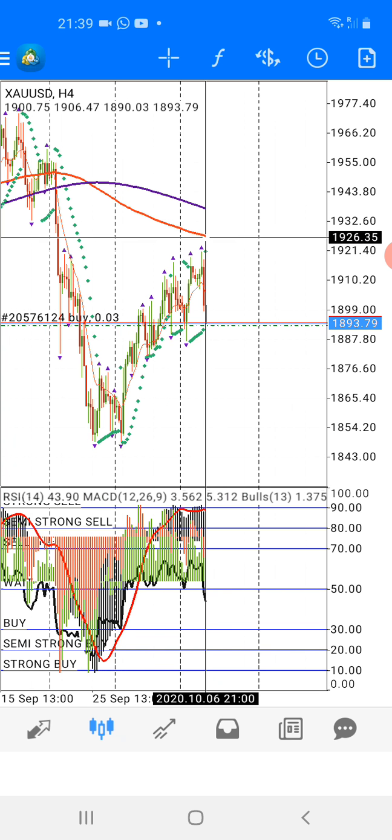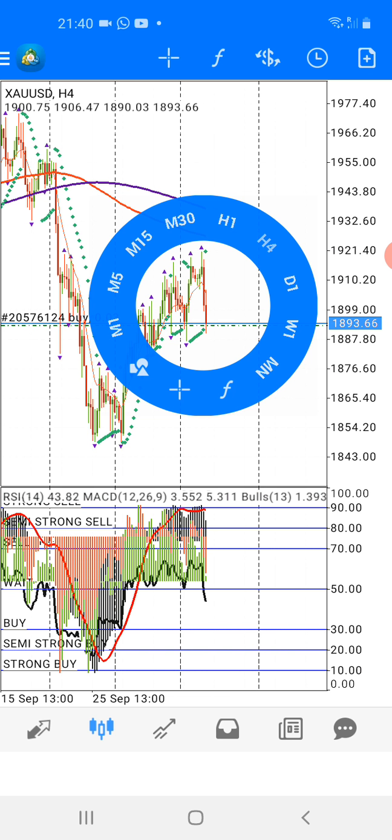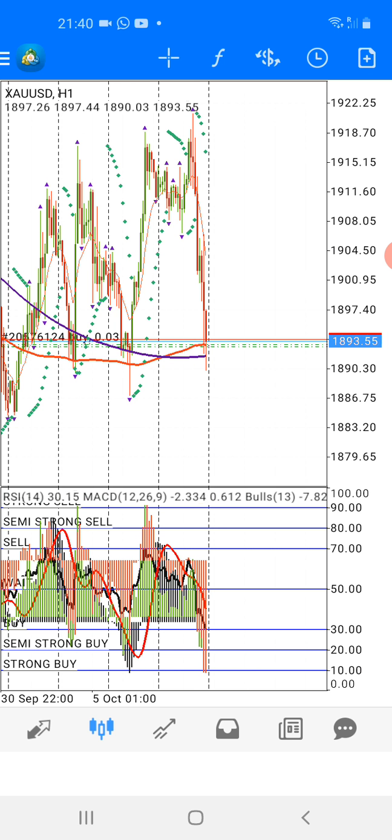Once it moves like this in the 4 hours time frame, you may see the moving averages facing opposite directions. In the 4 hours chart, the 300 moving average crossed below the 100 moving average, but in the 1 hour chart, the 300 moving average crossed above the 100 moving average. If you don't know how to use it, you will become confused, so I want to explain how it works.